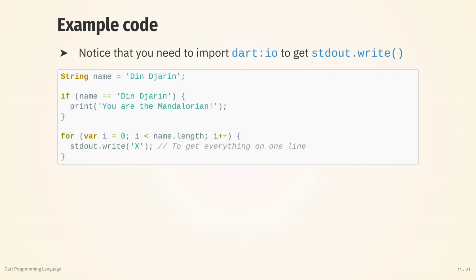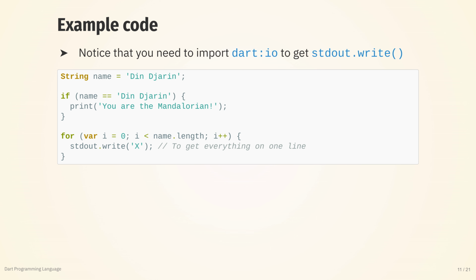In this example, we have imported dart:io. We'll talk a little bit more about that in just a few slides in order to get standard out right, and we'll have a look into what that's doing in just a second. We begin by creating a string called name, and here we could have used var instead, since the string is given at once.